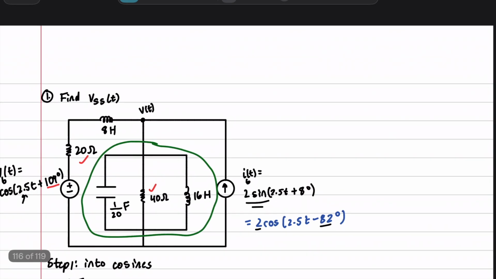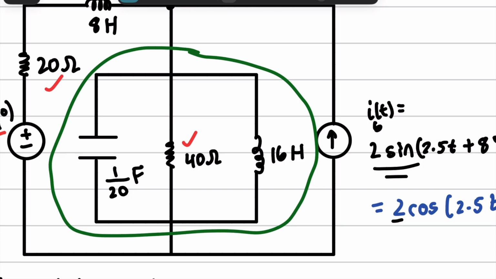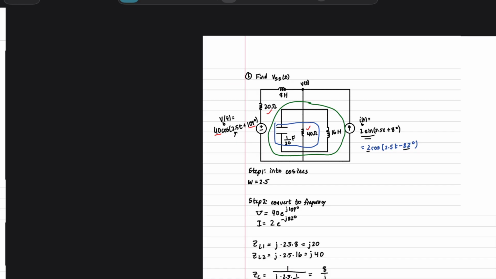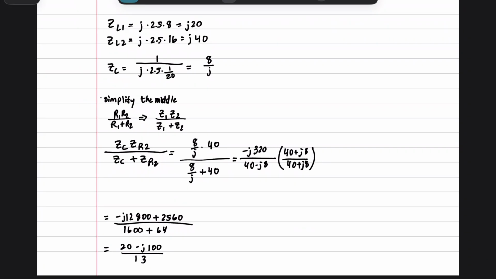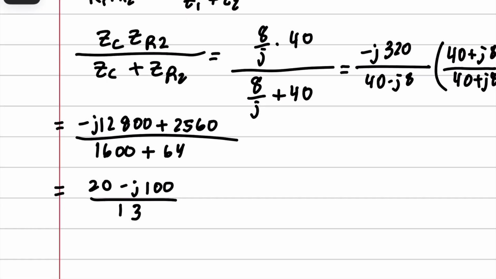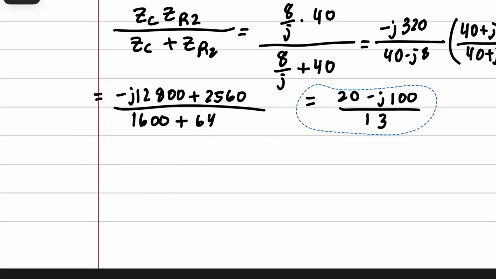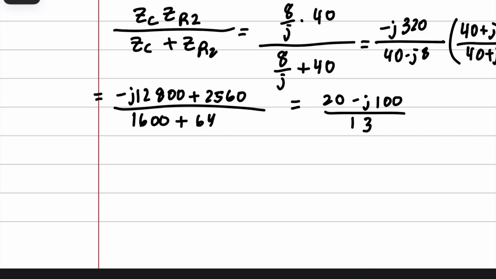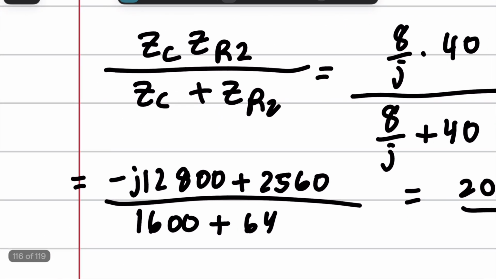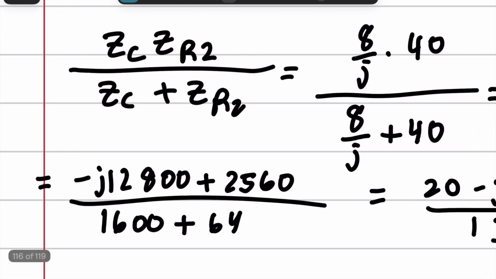Now we've solved for this portion. Now we've got to solve for the entire portion, the green portion. So we're going to take our result from here, and we're going to go ahead and plug it into another one of these. So it's going to be, instead of ZC, it's going to be ZCR2 in parallel with ZL2.